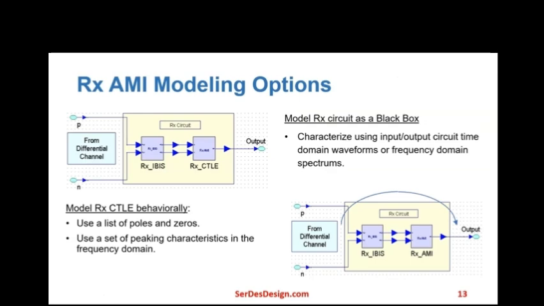Another approach is to model the Rx circuit as a black box. Without a priori knowledge of the CTLE characteristics, the Rx circuit input to output time domain waveform or frequency domain characteristics can be measured, with the Rx circuit input loaded with a matched 0 Hertz load resistance.